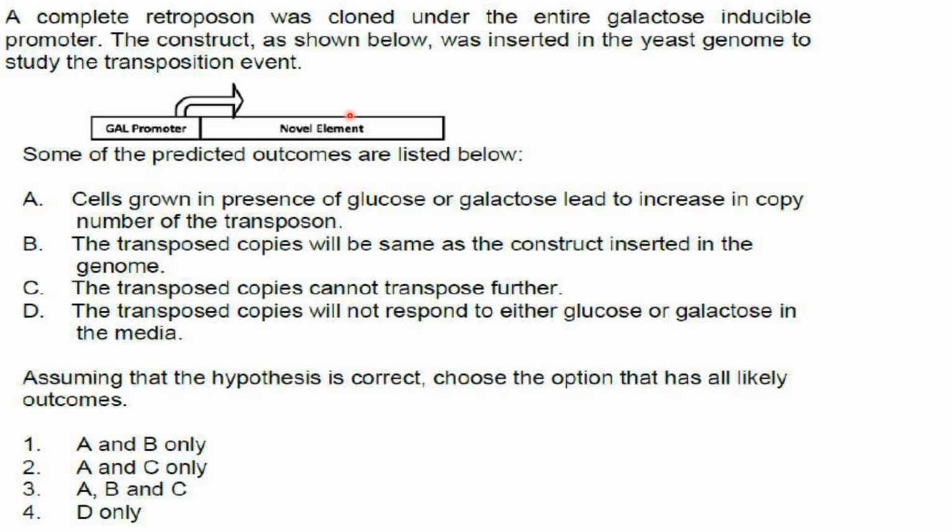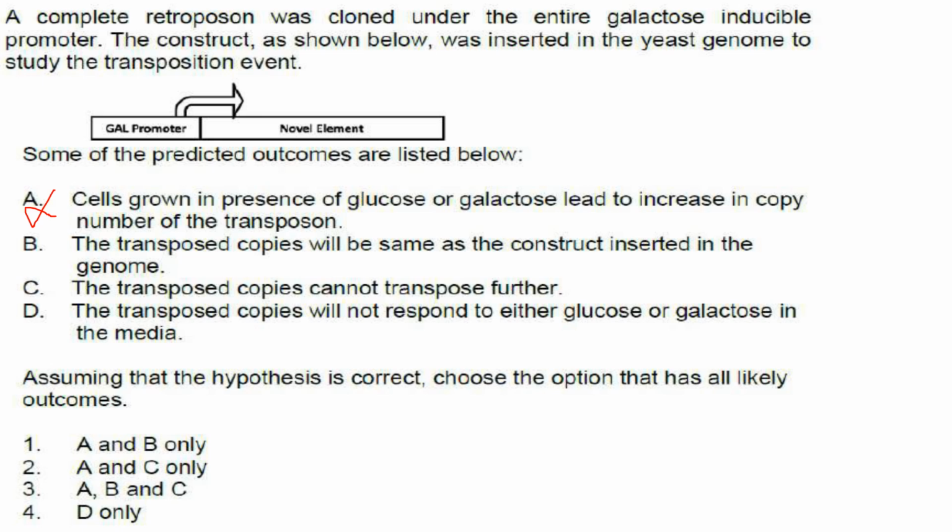Now read the statements. Cells grown in the presence of glucose or galactose lead to an increase in copy number of the transposon. Not in the presence of glucose, only galactose. So A is not correct. The transposed copies will be the same as the construct inserted in the genome.